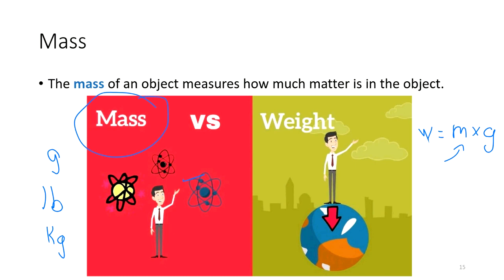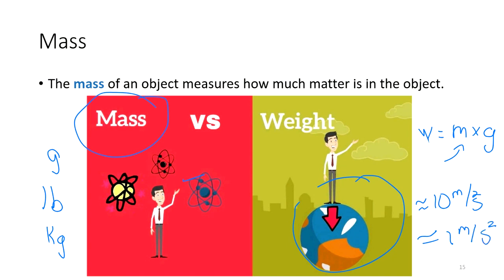Since weight depends on the gravity, it is going to depend on where you are. On planet Earth, the gravity is more or less 10 meters per square second. But on the moon, the gravity is around 1 meter per square second.